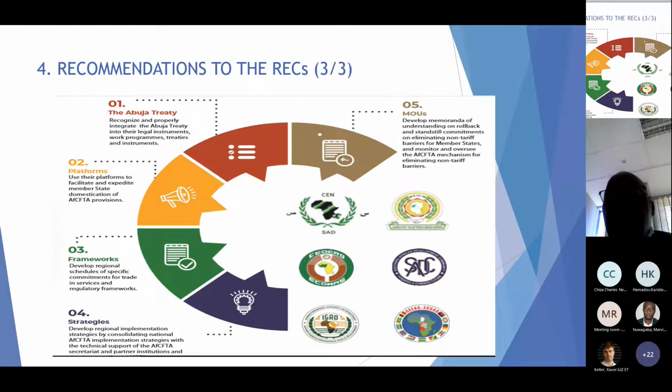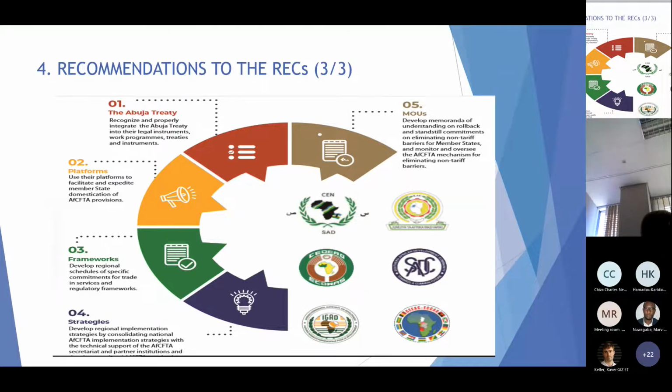They are also requested to develop regional schedules of specific commitments for trade in services, regulatory frameworks. They are also requested to develop regional implementation strategies by consolidating national CFTA implementation strategies with the technical support of the CFTA Secretariat and different partners.